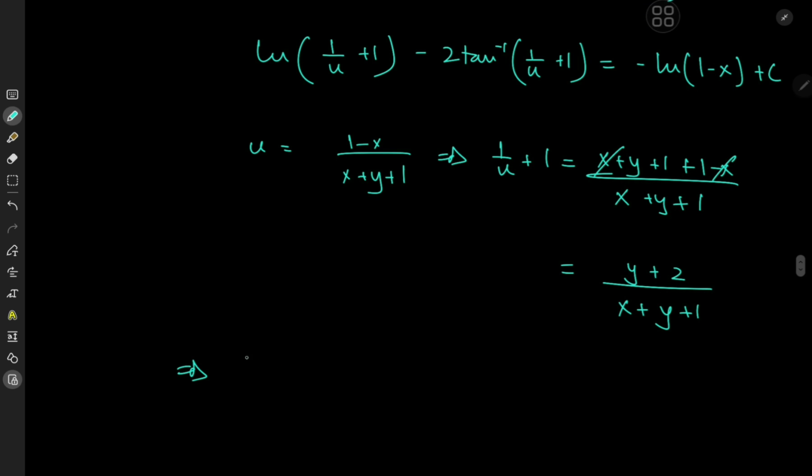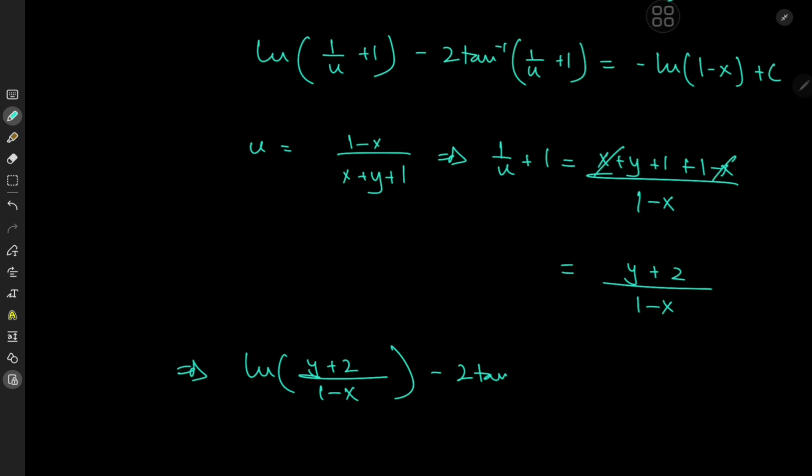So finally, we have the logarithm of y plus 2 divided by, the reciprocals there. So that means we have 1 minus x. Again, terribly sorry, but thankfully the addition thing did not go horribly wrong. Perfect. Okay, so we have this thing on the left-hand side minus twice the inverse tangent of the same thing, that is y plus 2 divided by 1 minus x.